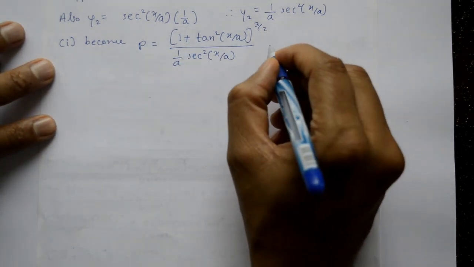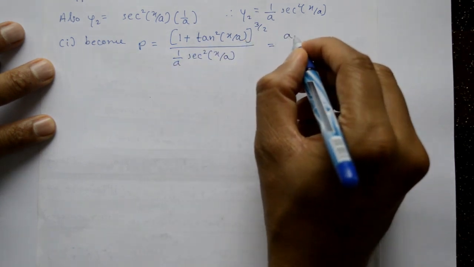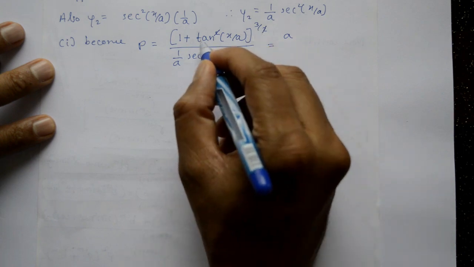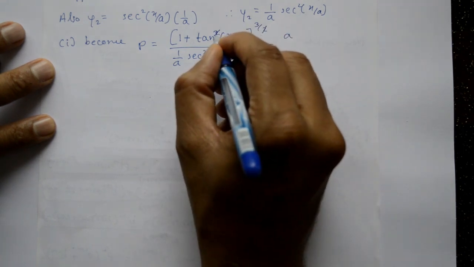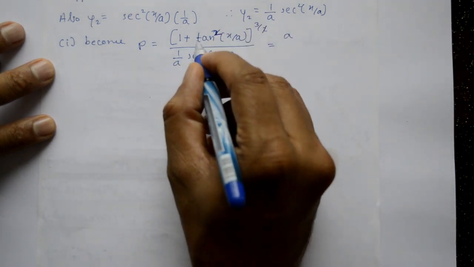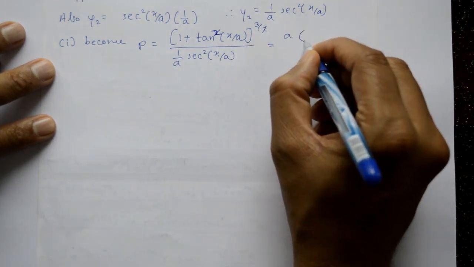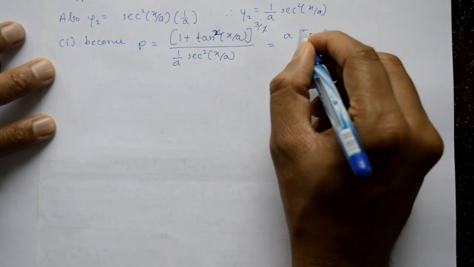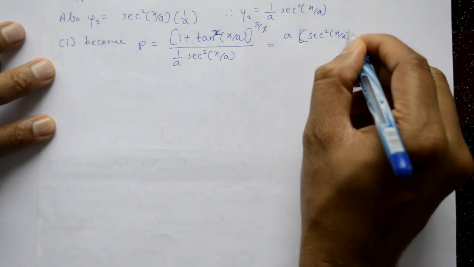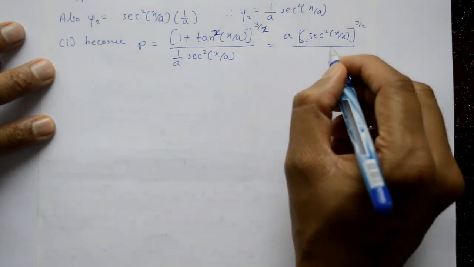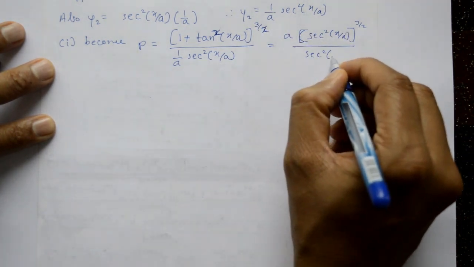Now a comes in the numerator. 1 plus tan squared is secant squared(x/a), whole raised to 3/2, and this one is as it is, divided by secant squared(x/a).